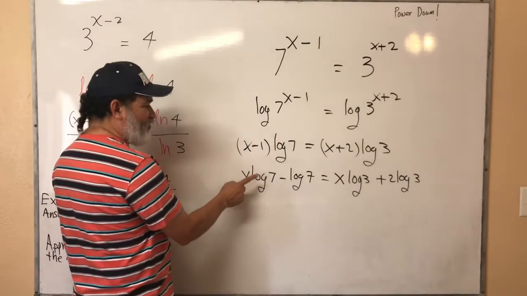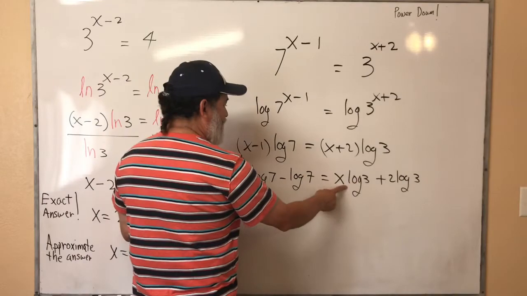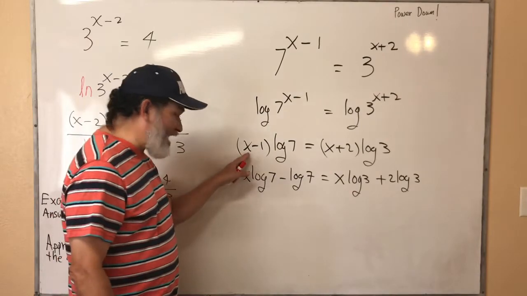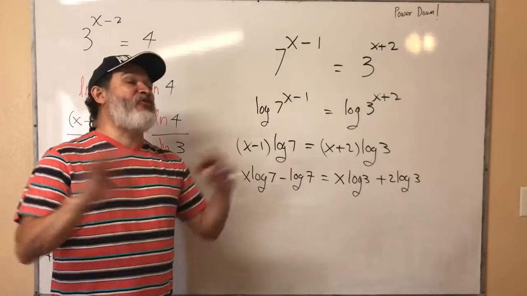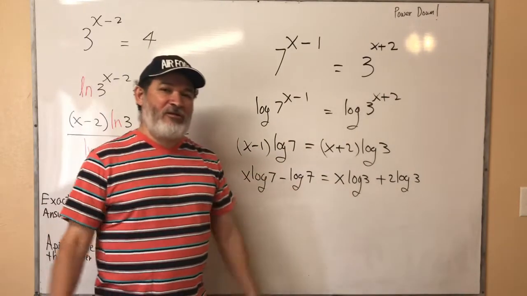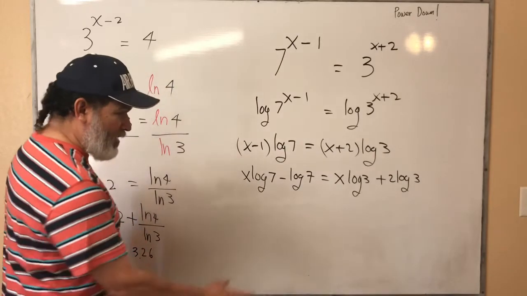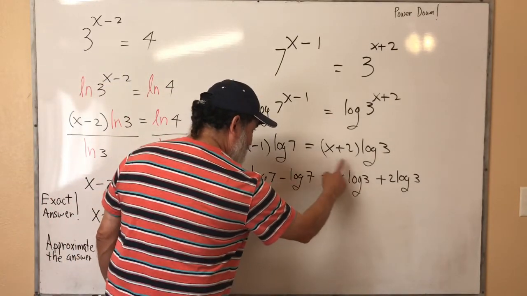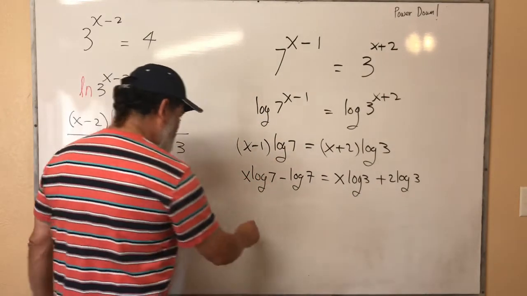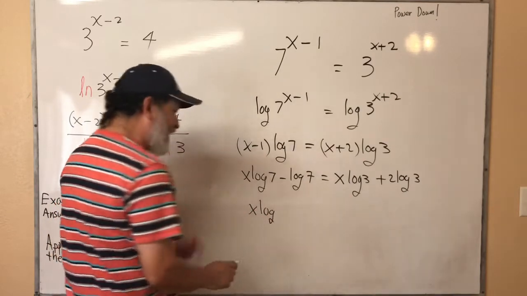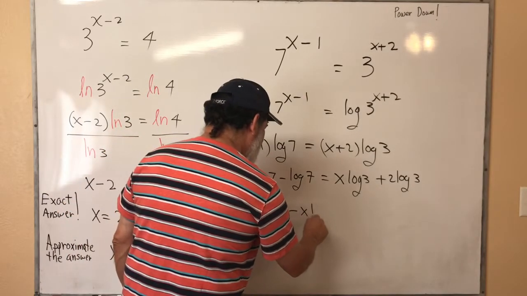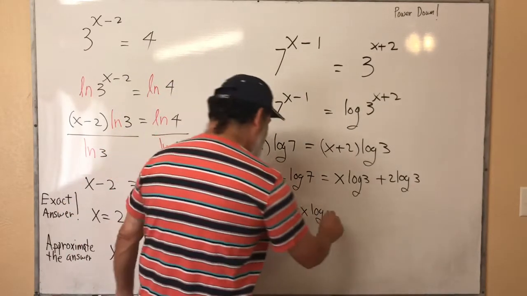Because this one is free now, I can move it to the left. I couldn't do it before. I could not do anything with this x because it was not free, but it's been liberated. Emancipation, that's what I heard. So this one comes over to my left: x log base 10 of 7 minus x log base 10 of 3.